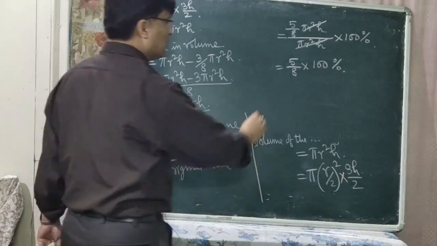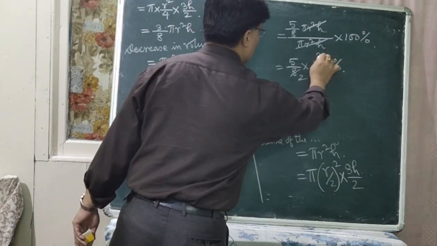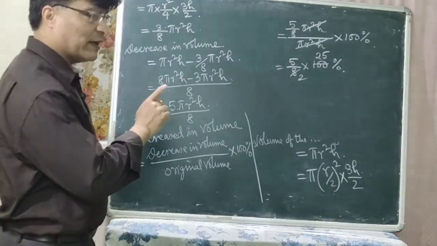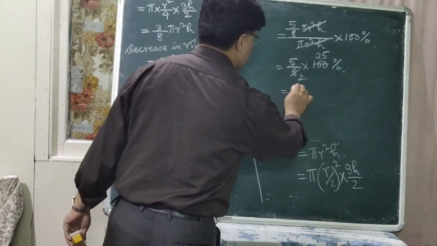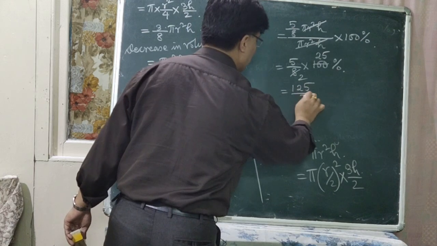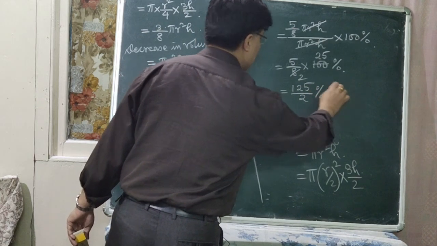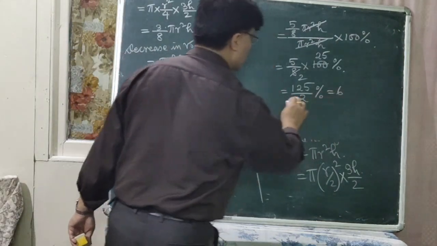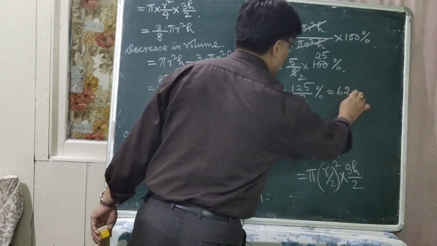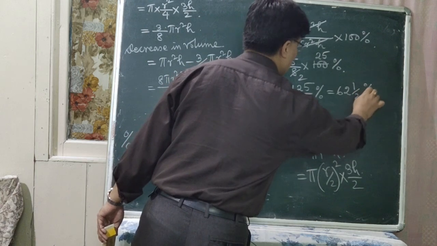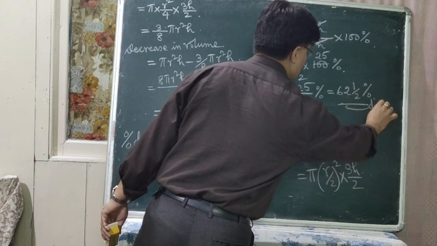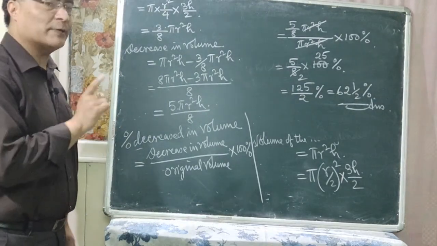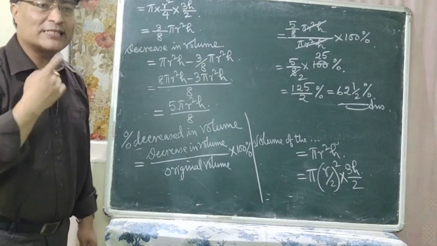So you can cancel here. 4 2s are 8, 4 25s are 100, isn't it? 4 25s are 100. So which is equal to 25 5s are 125 divided by 2 percentage. So you can write it in terms of mixed fraction. So this is 2 6s are 12, 2 2s are 4, and 62.5% decreased. So by how much percent is the volume decreased?